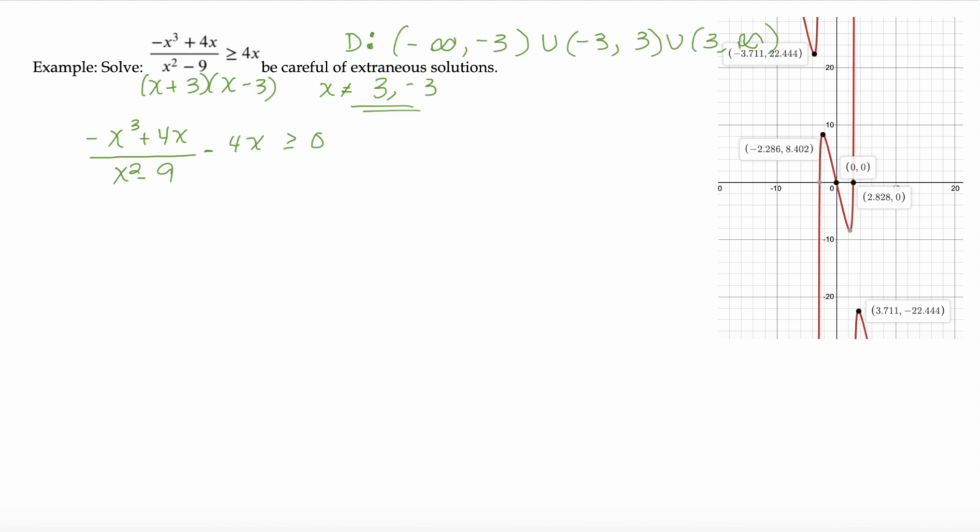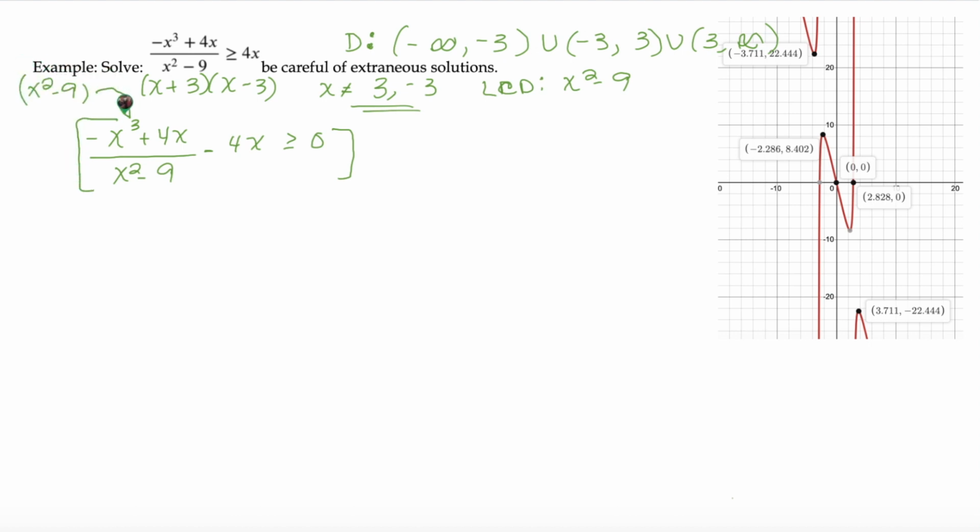So we just need to identify where our entire expression is equal to 0. To do that, I'm going to multiply by our least common denominator, which I see is x squared minus 9. So we're going to multiply everything by x squared minus 9.